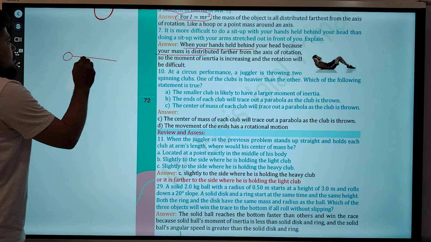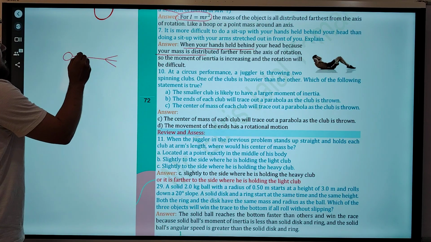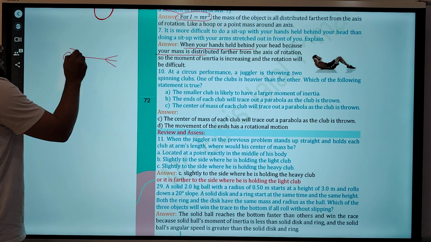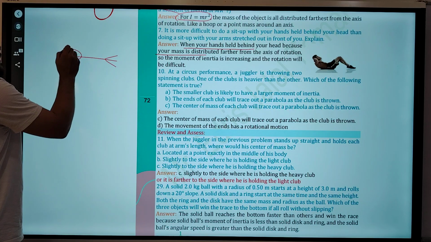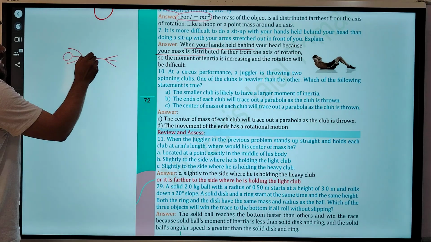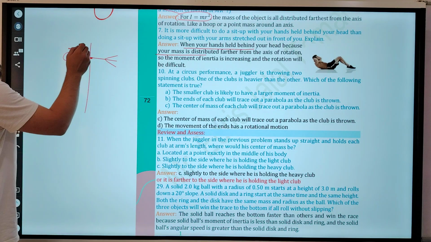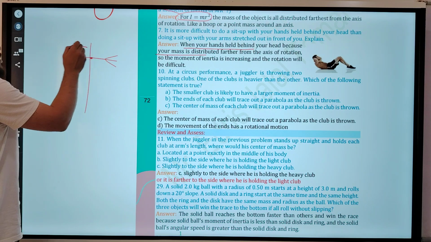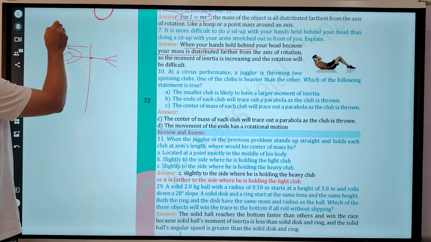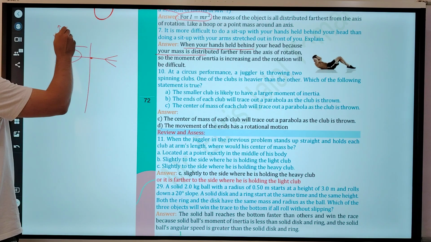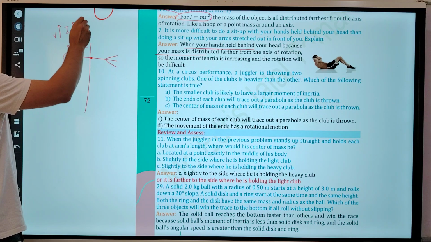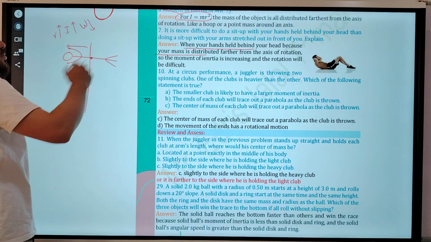For example, if your hands are held behind your head, this is the axis of rotation. So mass away from the axis of rotation means that R increases. When R increases, moment of inertia increases and angular speed decreases. It is difficult to sit up.